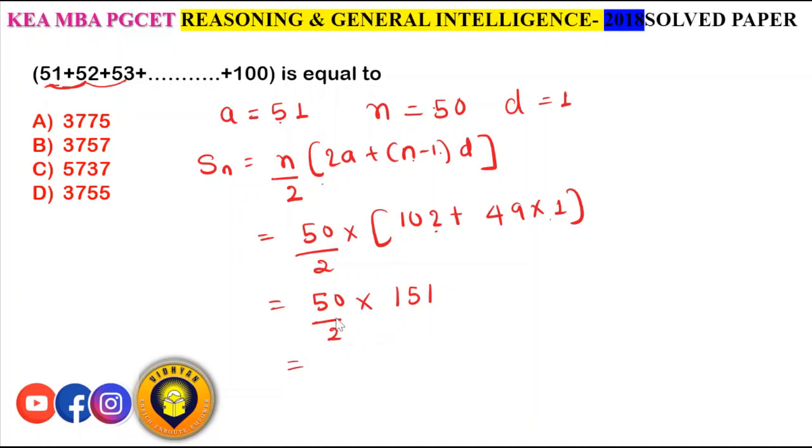So 50 into 151 divided by 2. 50 into 151 is 7550, divided by 2. So you get 3775 as the answer. That is option A, the right answer.